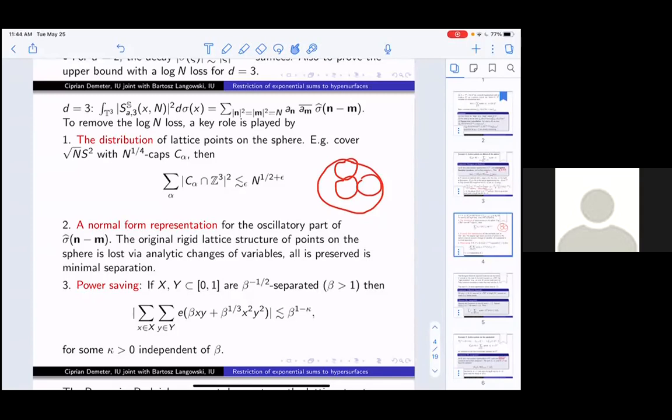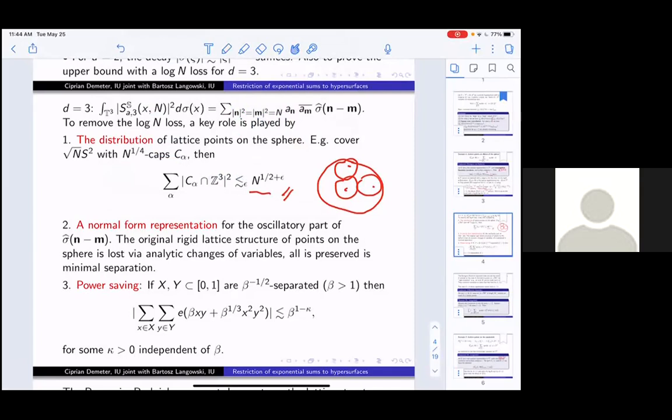And this is because the sphere of radius r contains not r squared lattice points. It contains roughly r lattice points, and r is n to 1/2. This number shows up on the right. And again, if every such cap would contain exactly 1 point, then by squaring 1 and summing up these contributions, given the fact that you have exactly n to 1/2 caps, you'd expect to get something like this.